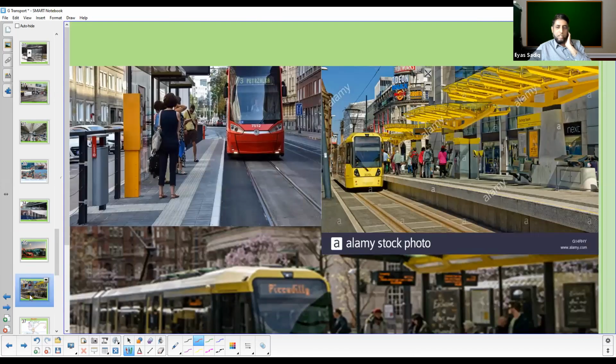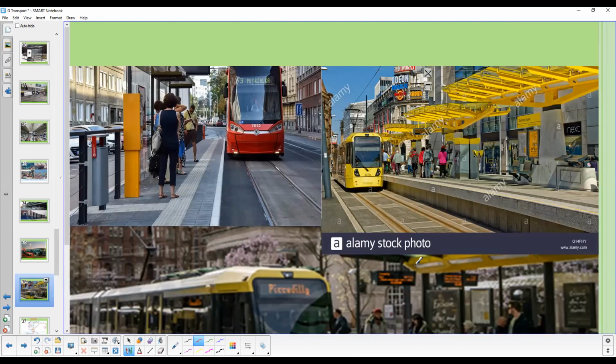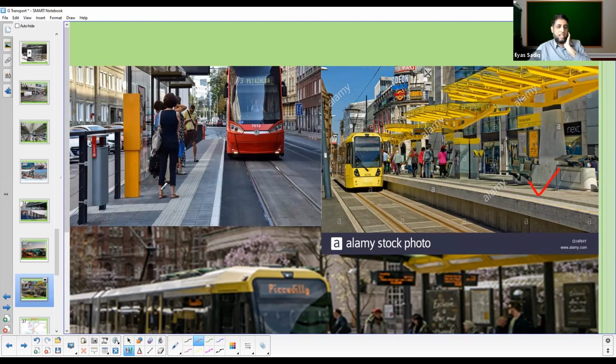All right. So what is this here? Tram station. Yes, tram station. And this is also a tram. But this is no bus, by the way. Is that a railway track or a tram track?